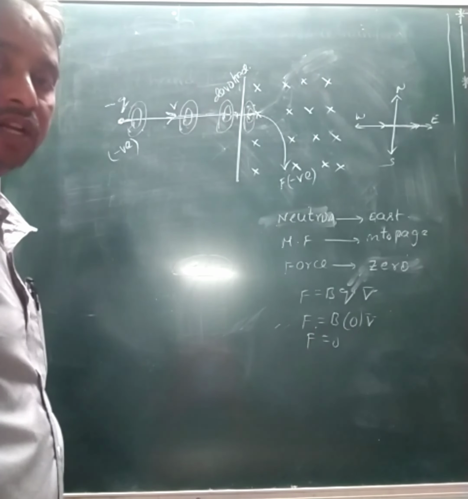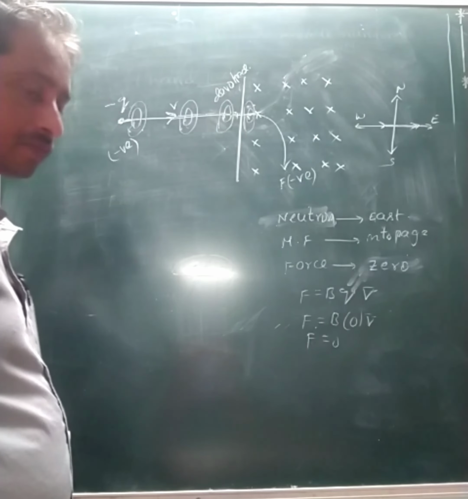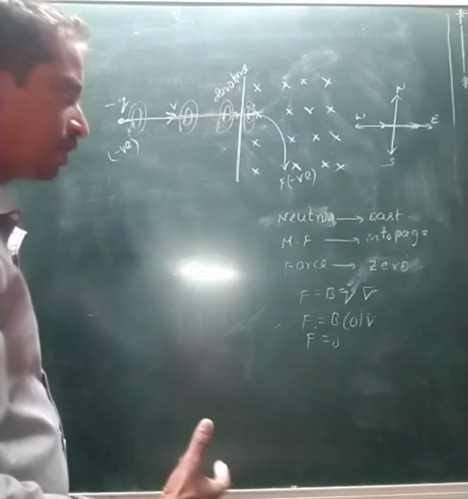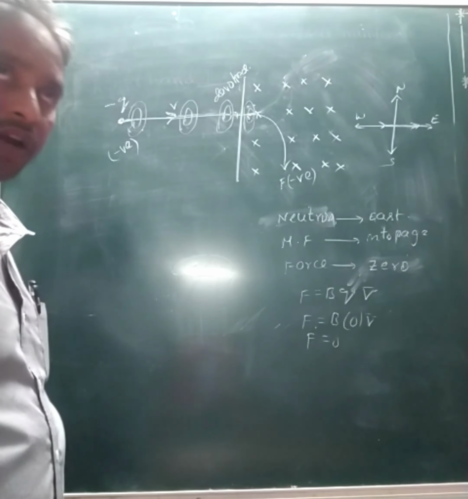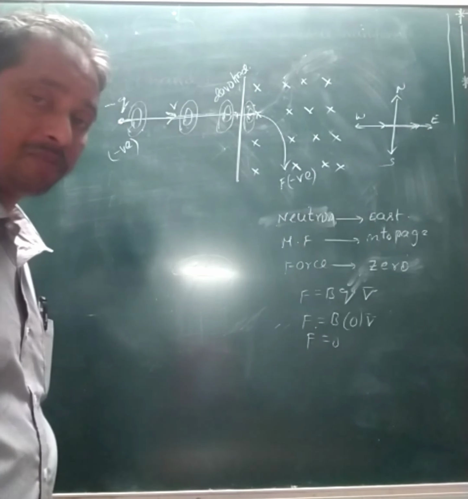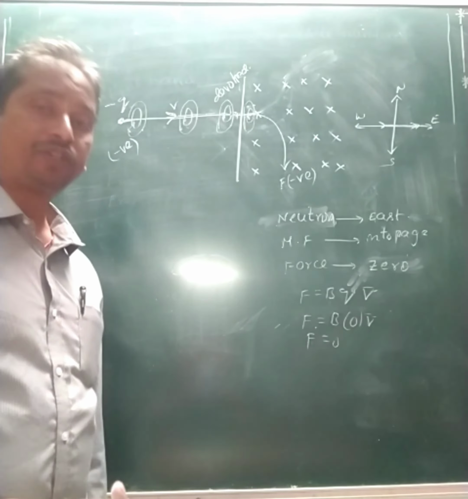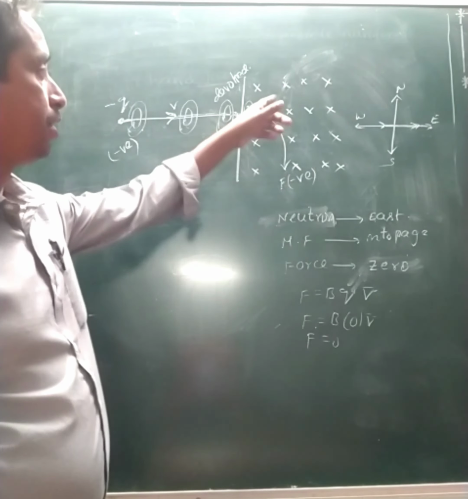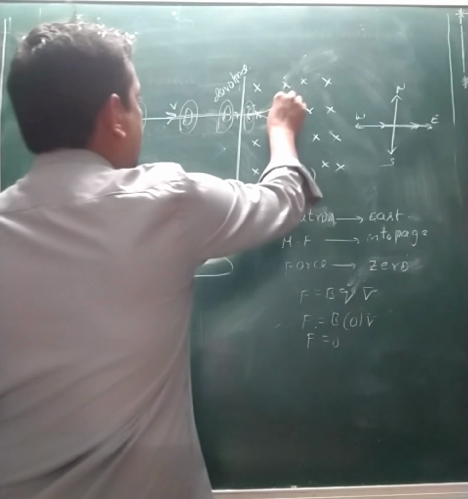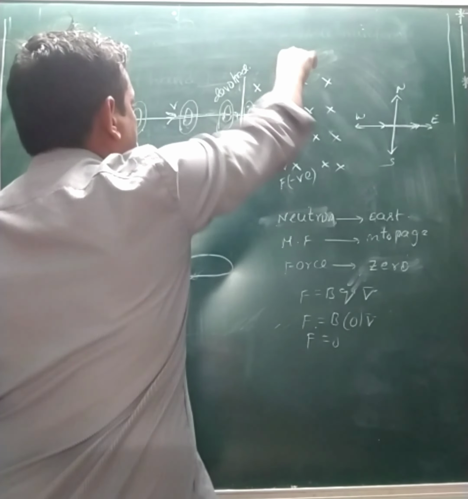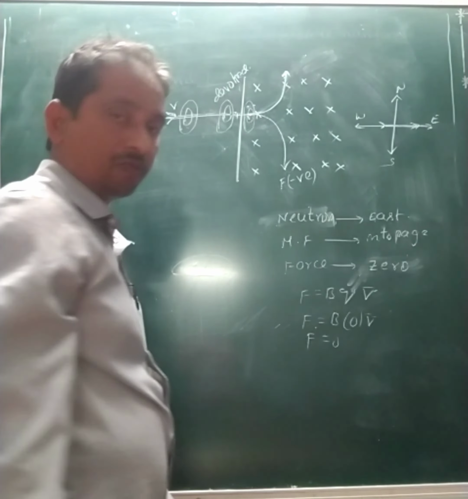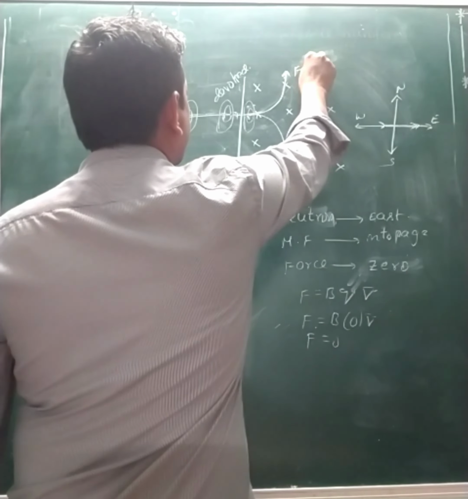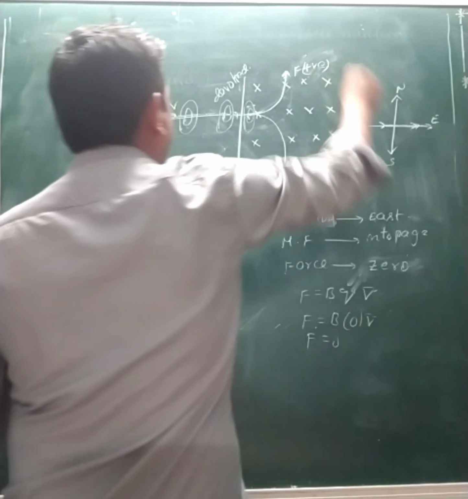No change in directionality. Similarly, you have to take the neutron, and the next one you can take the alpha particle. Alpha particle has doubly positive charge. Positive means your direction is upward. If negative charge, it means downward direction. So the force is acting in a positive way, upward.